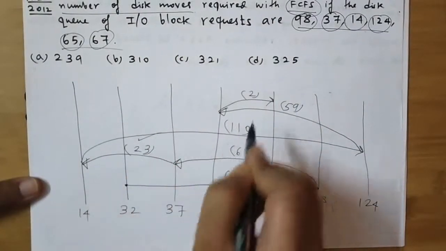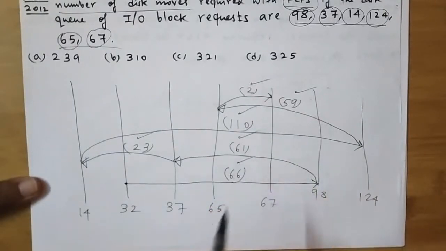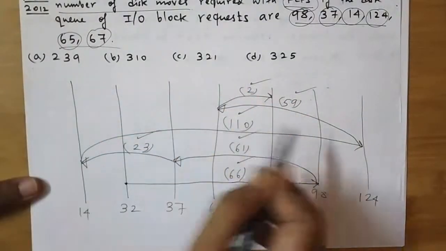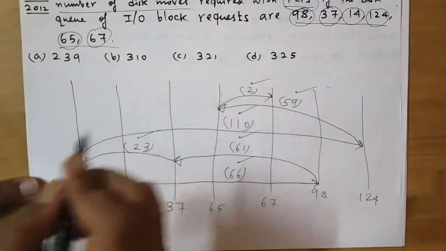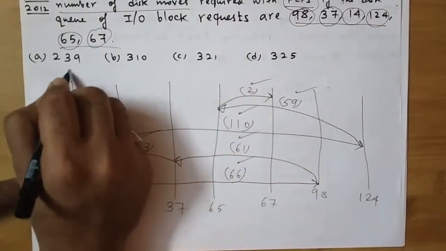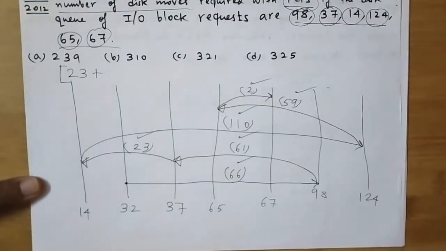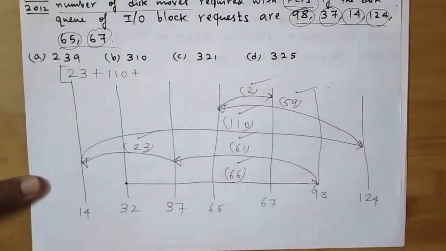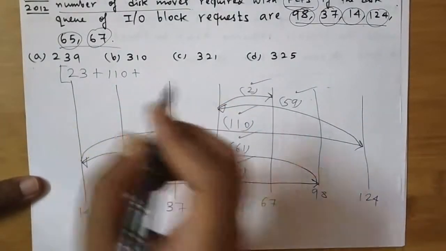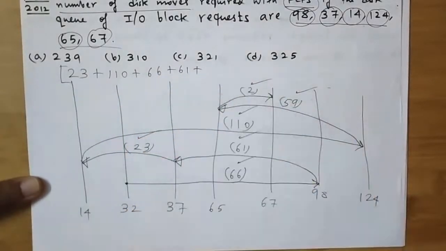Now, to find the number of disk moves, we need to add these values. If we add them, we get a sum which should match one of the options. So let's do the summation. It's 23 plus 110 plus 66 plus 61.